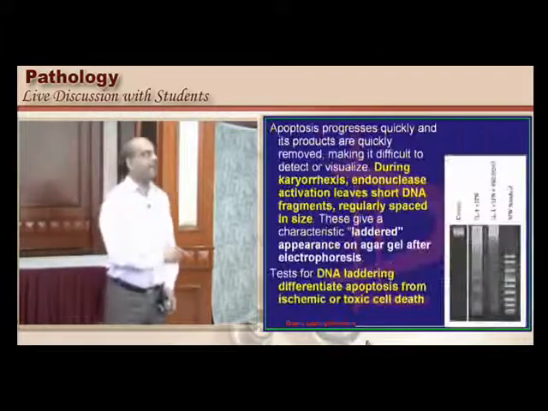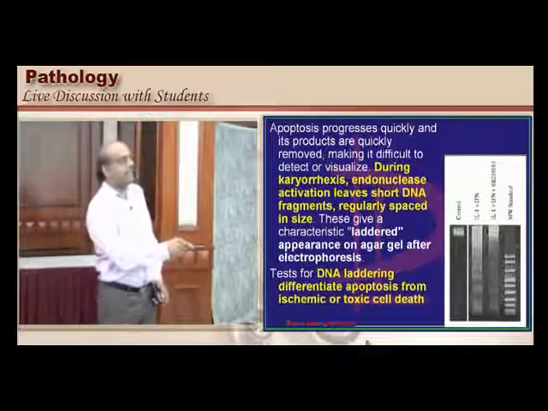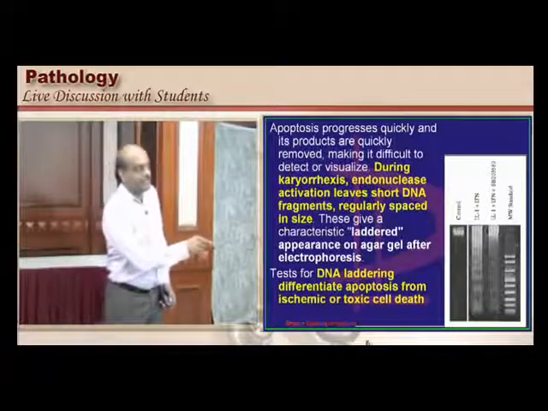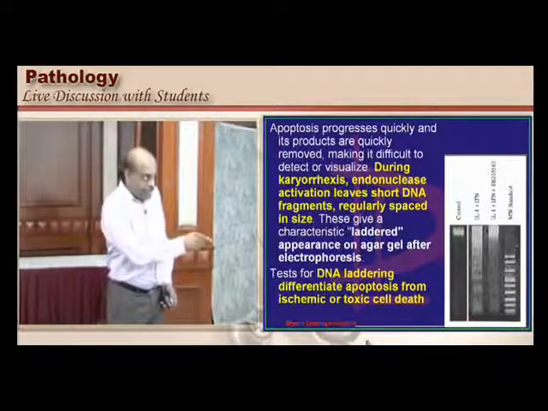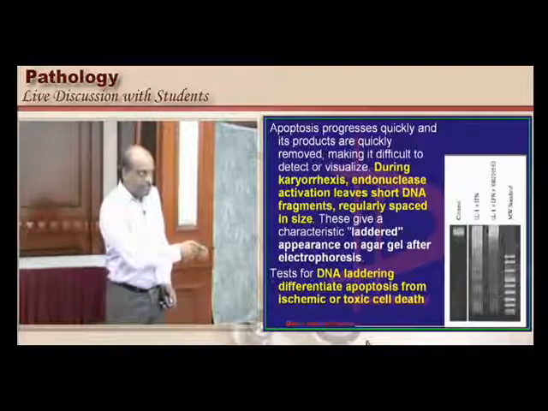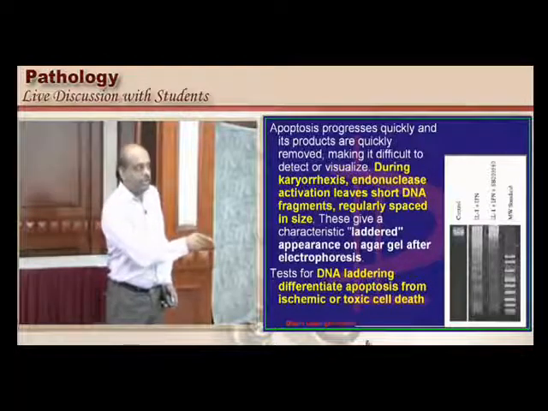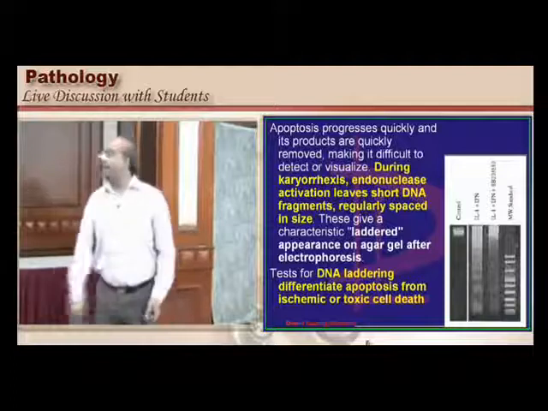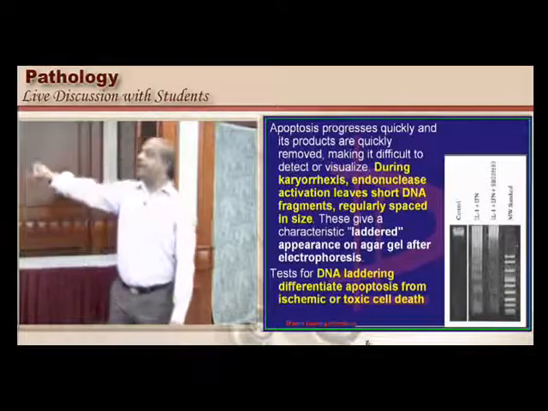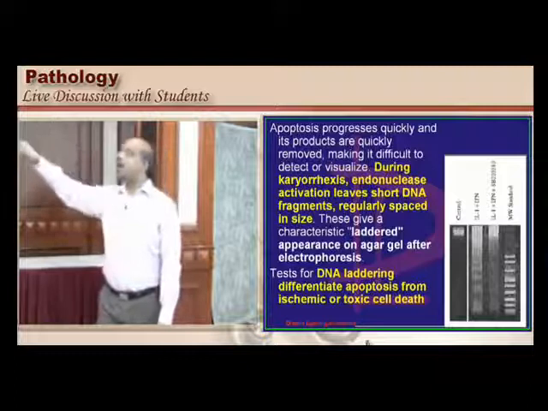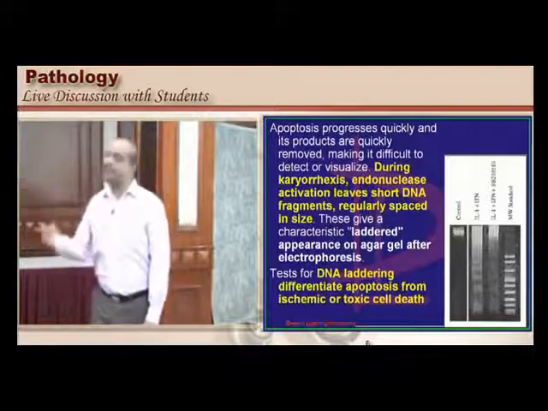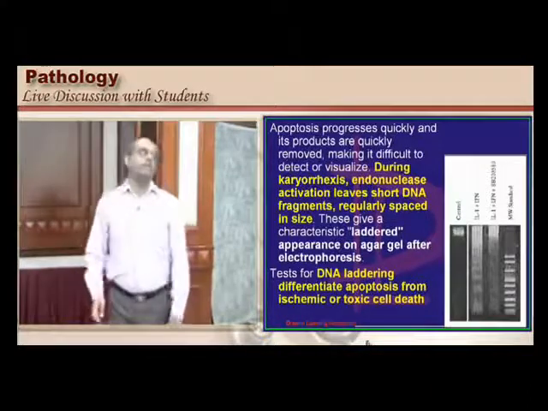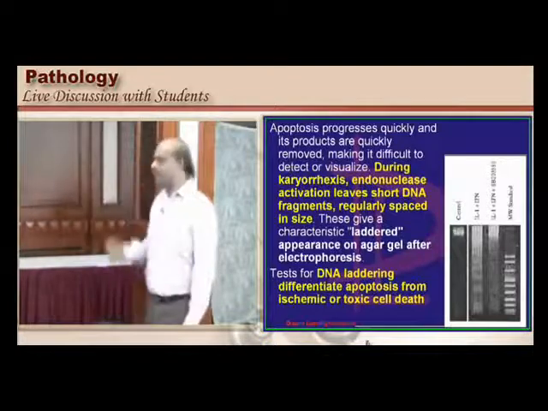If you do gel electrophoresis, this creates a laddered appearance of DNA. Endonuclease breaks it into multiple small pieces, and this intranucleosomal cleavage leads to that laddered pattern. The DNA laddered pattern is one of the hallmarks of recognizing the presence of apoptosis. This is another favorite question of the examiner.